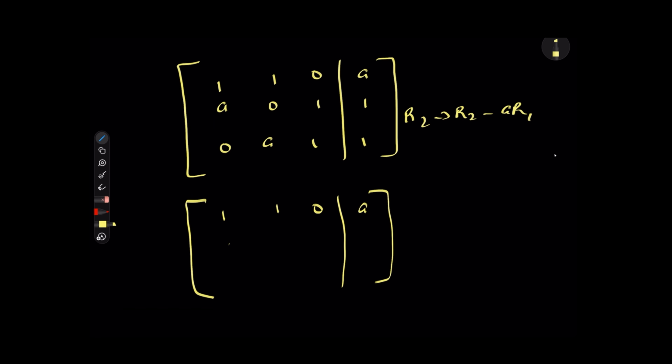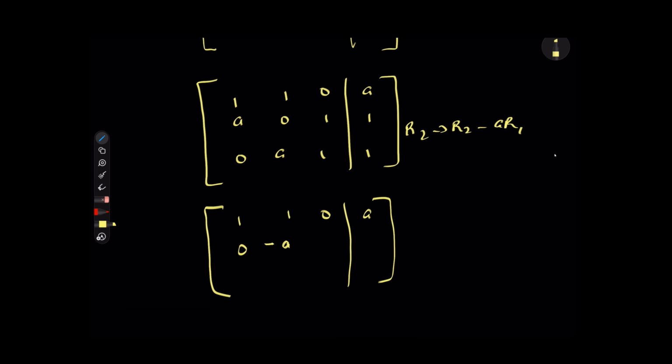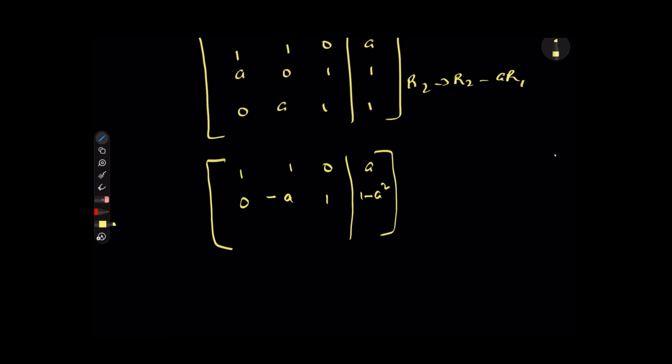I have A minus A, 0, and nothing subtracted from A is just negative A. I have 1 minus A times 0, which will just give me back 1. And I have 1 minus A times A, which is 1 minus A squared. And then row 3 remains the same, A, 0, 1, 1.